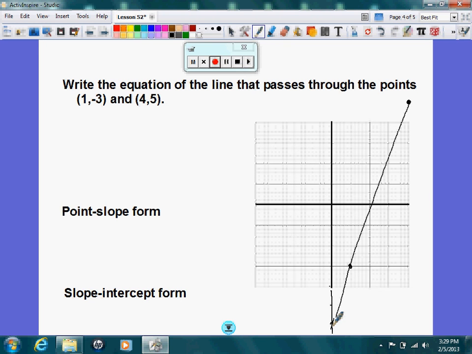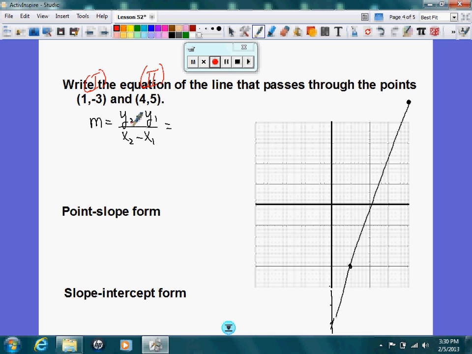Okay, let's write it in point-slope form. Well, first we have to determine the slope. m is equal to what? y2 minus y1 over x2 minus x1. All right, let's pick a point. Let this one be point 1, and this one be point 2. I always put Roman numerals over my points to keep my x's and y's straight.